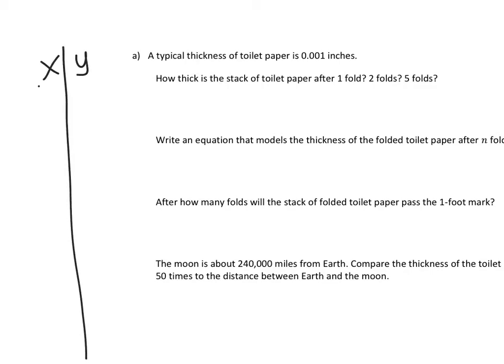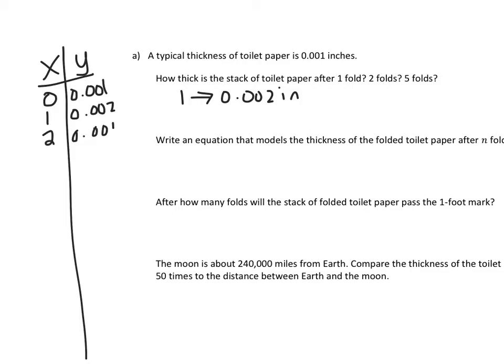Okay. So the thickness of the toilet paper starts at 0.001. When I fold it once, it doubles. So multiply that by 2. So 1 fold would be 0.002 inches. Fold it again, and it doubles in thickness, which becomes 0.004.